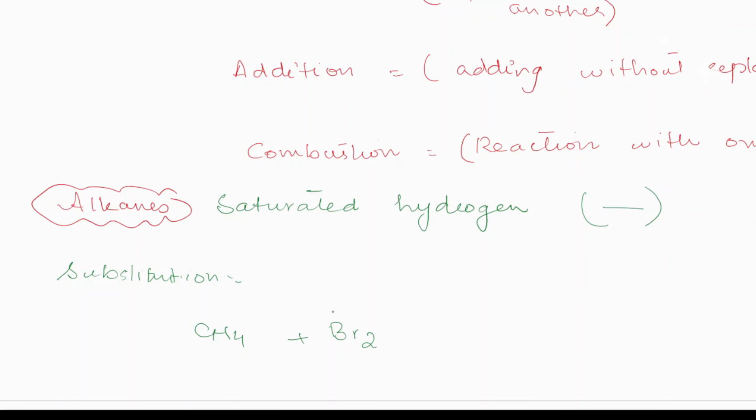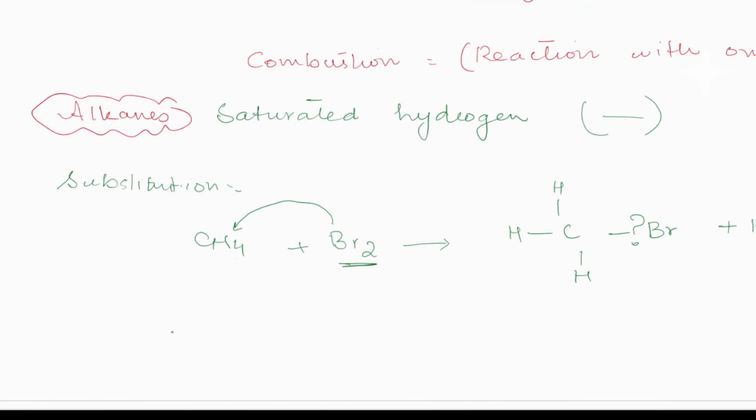It can't be added unless some of the hydrogen gets removed. So one of the hydrogens is replaced by bromine, and this hydrogen which is removed is going to make a bond with another bromine which is present over here. I'll just write the structural form.